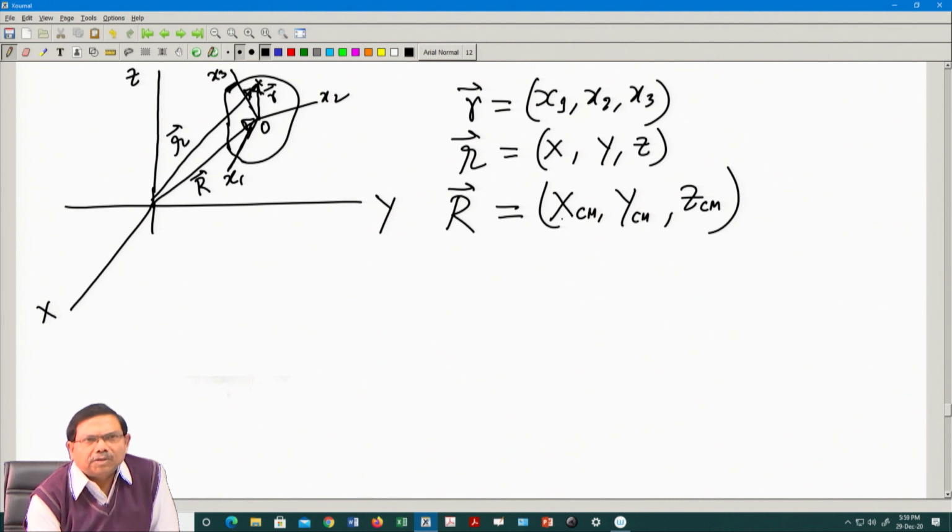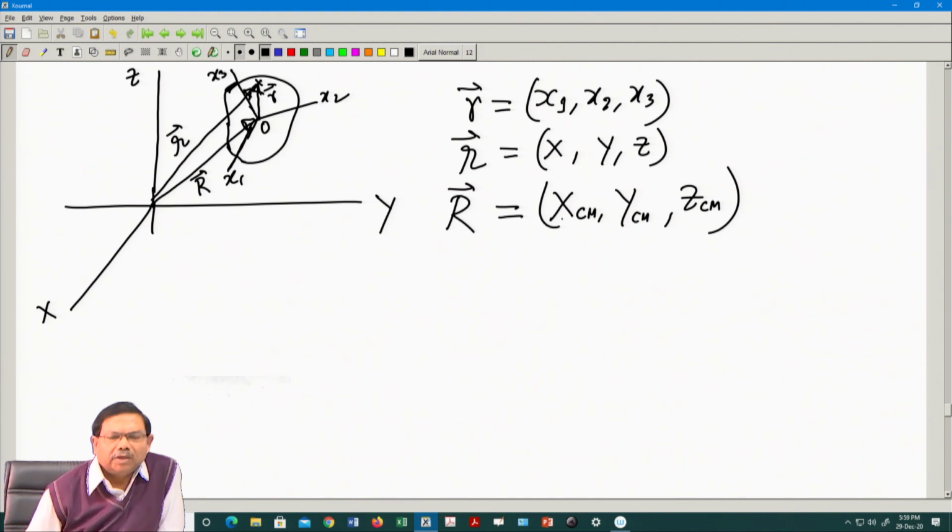So, most of the time we will consider that, but we will also consider a possibility where the origin is not at the center of mass. When we do that, it will be mentioned.